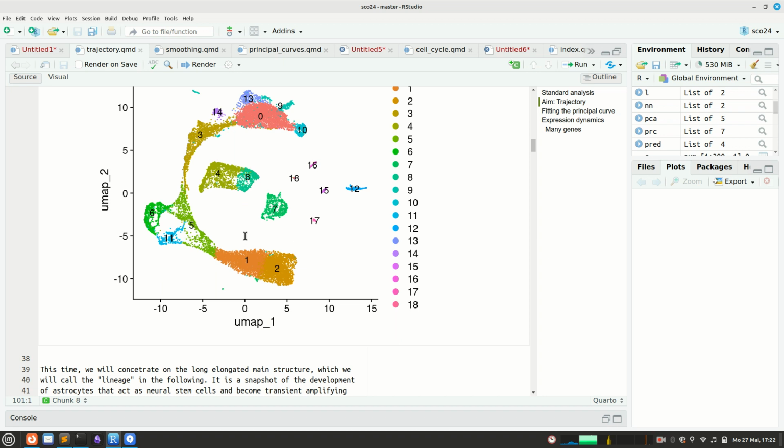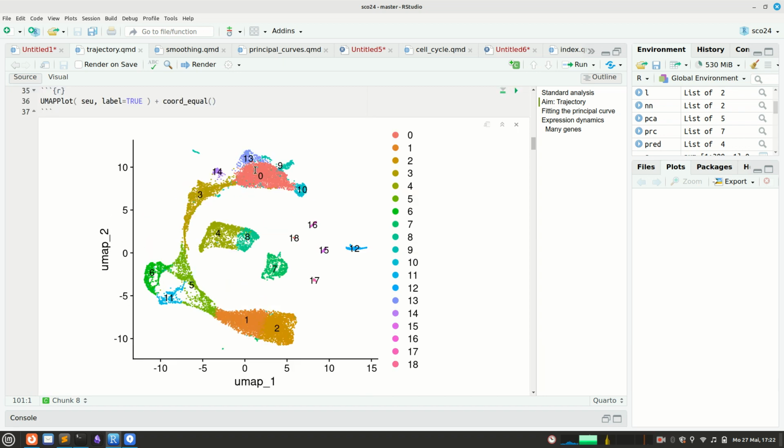And I already showed you, I think a week ago, how I did this roughly. I said first, in order to not confuse our smoothing, I remove all these other cells which are not part of the lineage. So I kick out clusters 4, 8, 16, 15, 17, and 12.